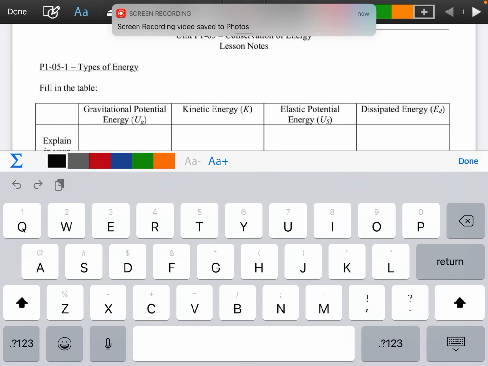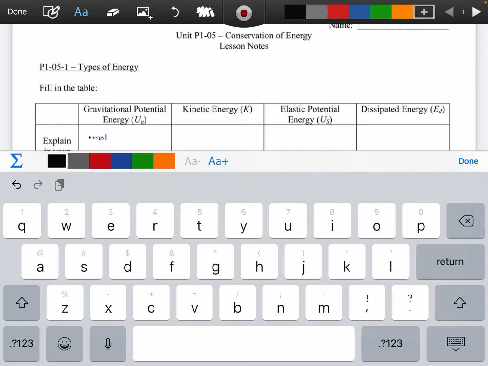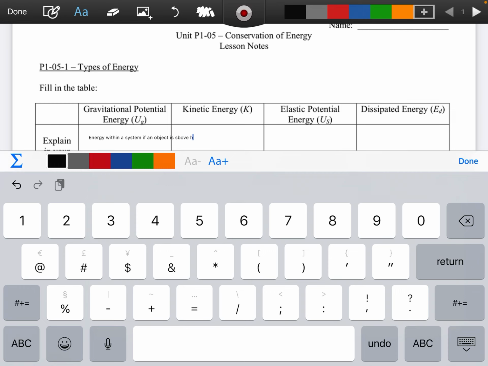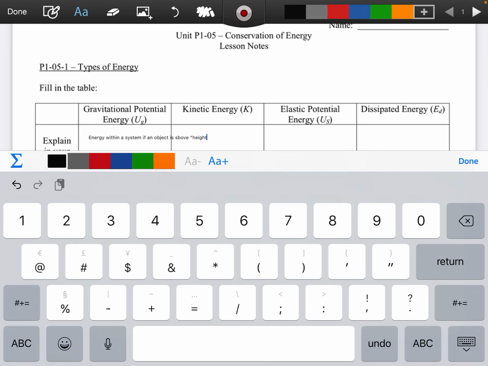All right, so for the types of energy, looking at gravitational potential energy first, that's the energy of an object, well, within a system, to be more accurate, within a system, if an object is above h, which is the height, equaling 0.